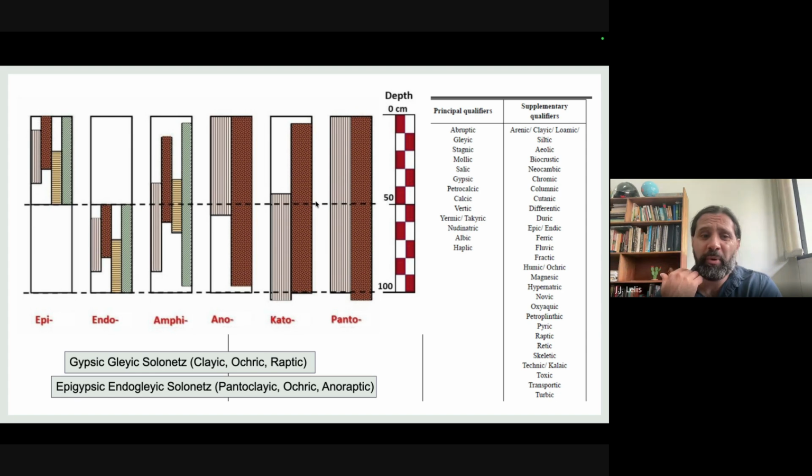So a lot of people complain about these names because it's quite complex to understand in the beginning. But to me, I think that everything is quite complex to understand in the beginning. Soil Taxonomy and other systems are basically the same.